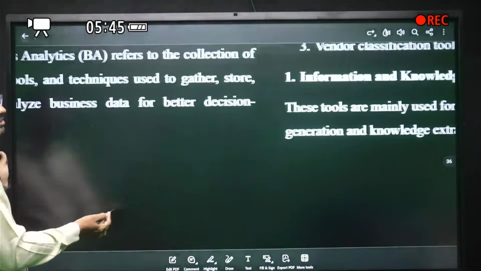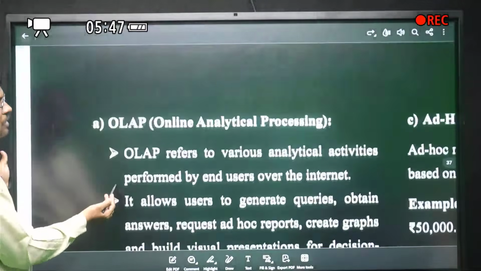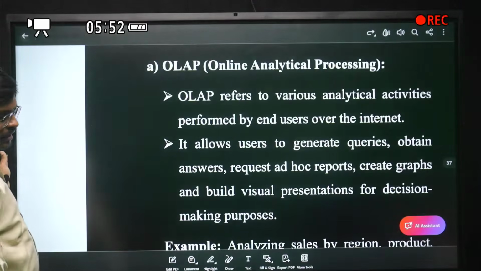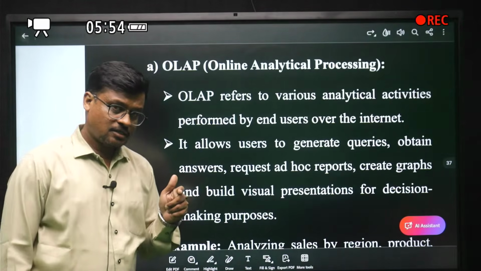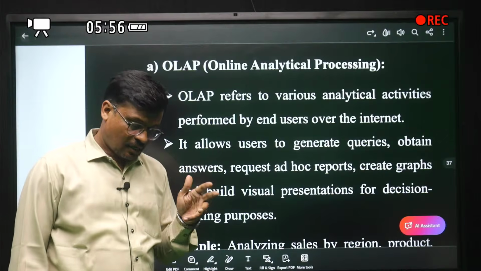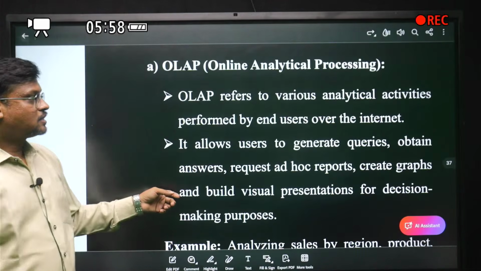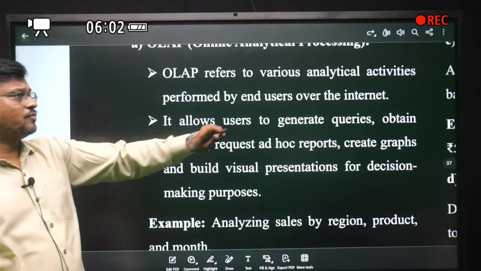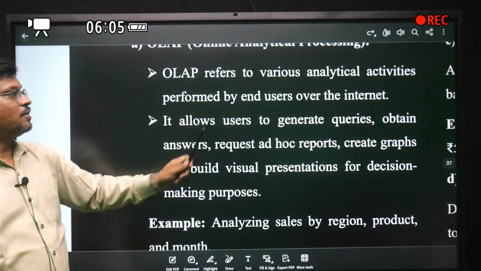First one is information and knowledge tools. For this, we go with OLAP, online analytical processing, which applies slice, dice, pivot, drill down, and roll up techniques for extracting the information. OLAP refers to various analytical activities performed by the end users.